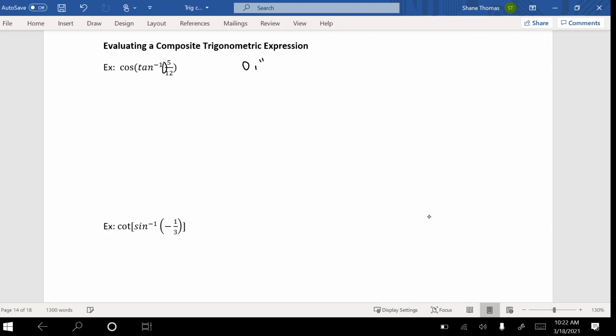So I'm looking from here to here. Therefore, this is positive. This is going to have to be in quadrant 1. So where is the tangent equal to 5/12? This becomes 5. This is my 12. Opposite over adjacent. Here's my angle.